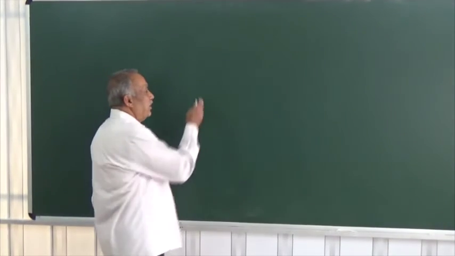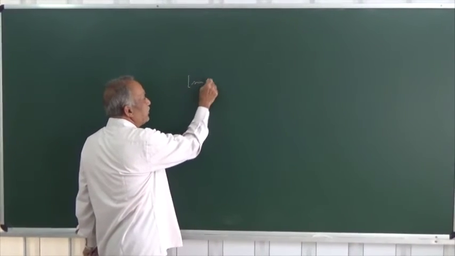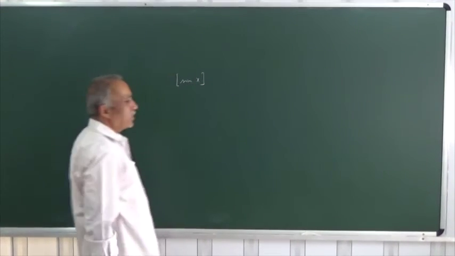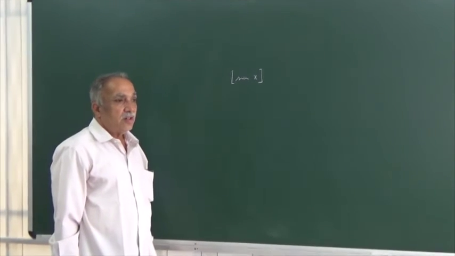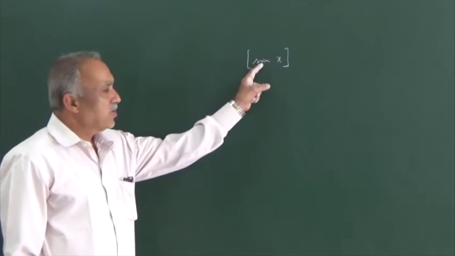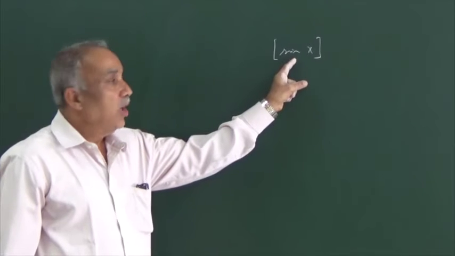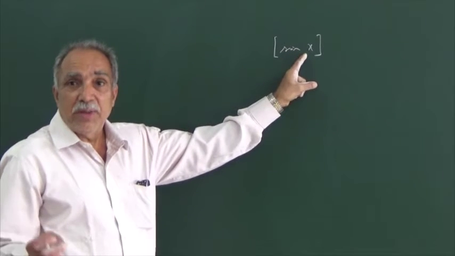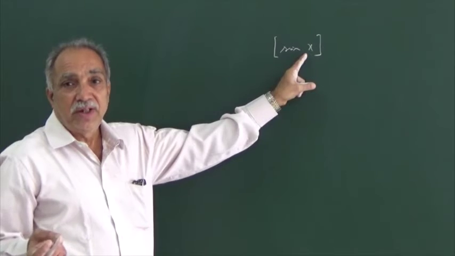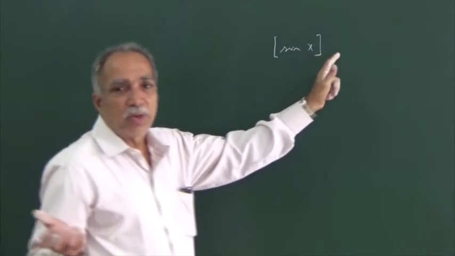The next function I am going to consider will be the integer part of sin x. For what values of x is sin x determinable? For any real value. What value do you get as the value of sin x? A real number between minus 1 and 1. For any such number, can you find the integer part? Yes, no problem.